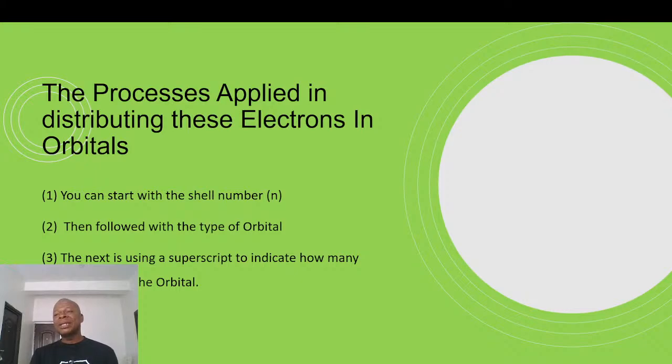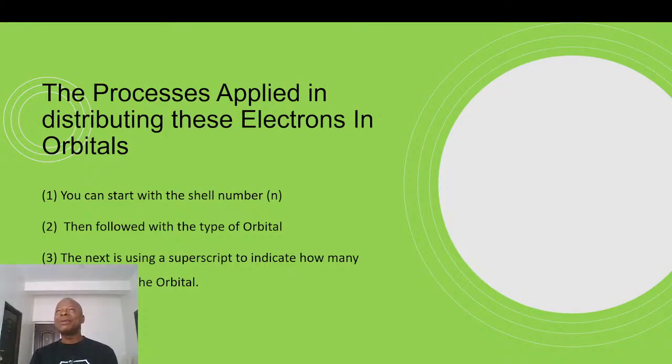Look up there. The first one, you can start with the shell number. Find out the shell number where you want to distribute the electrons.